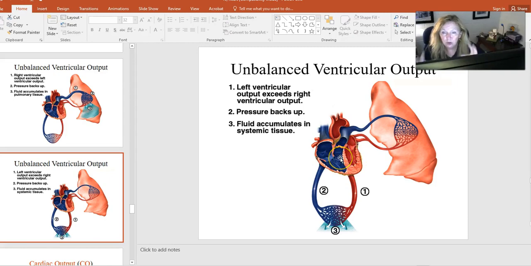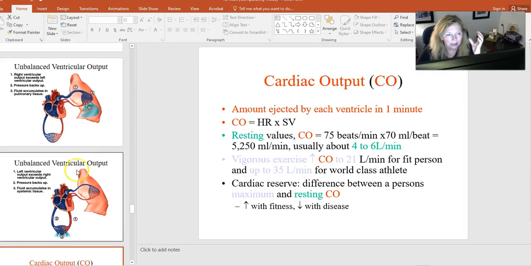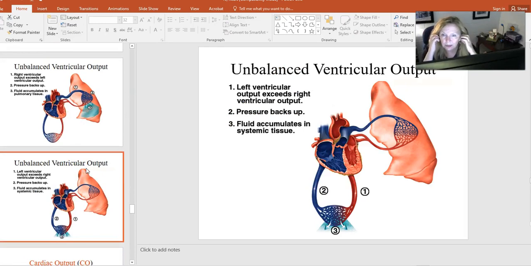When the ventricles are not in balance for how much they're putting out, and there is a backup, if it's serious enough, this is referred to as congestive heart failure. So you've probably heard of CHD or CHF: CHF, congestive heart failure, CHD, congestive heart disease. This sounds awful when people who aren't in medicine hear this.